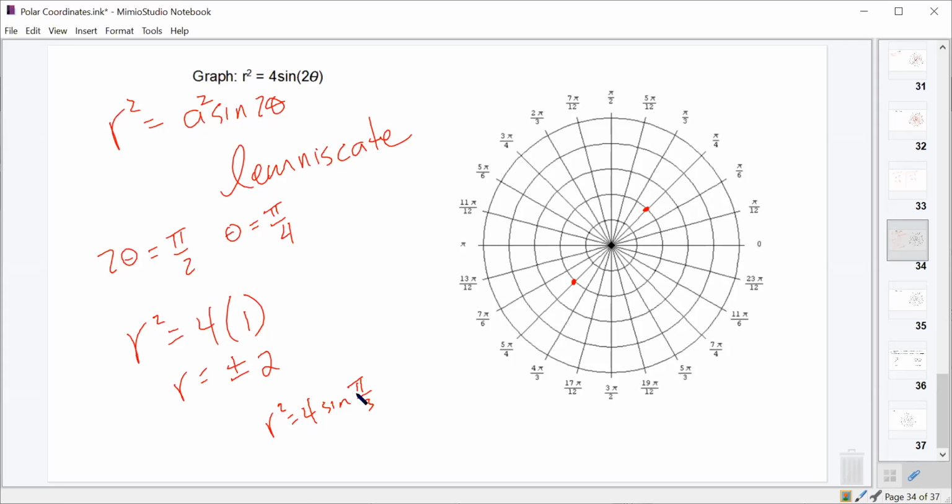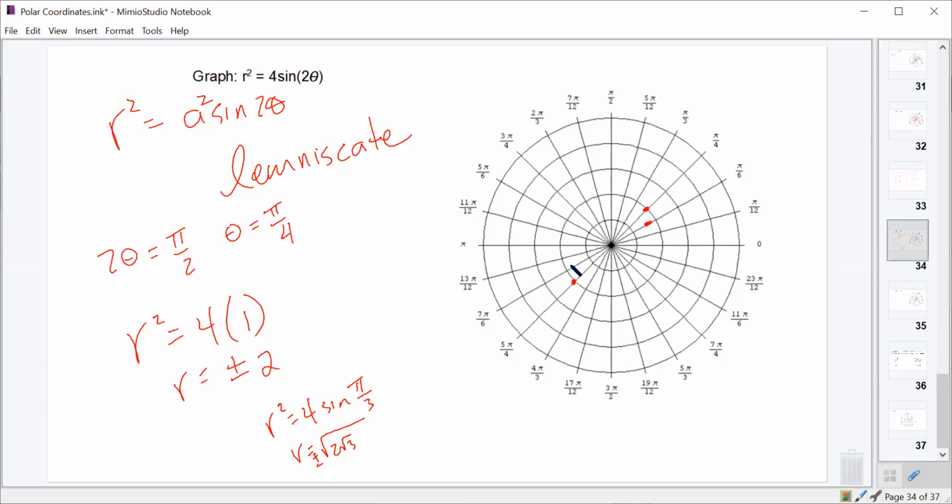Still root 3 over 2, right? So this ought to be 2 root 3. So what is r? R is plus or minus the square root of 2 root 3. What's the square root of 2 root 3? About 1.86. Wonderful.